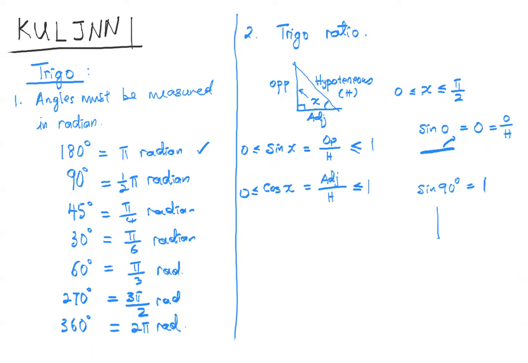And sin and cos are opposite. So we know that cos 0 radian is equal to 1. Cos pi, you see, you didn't remind me though. What should I write here?